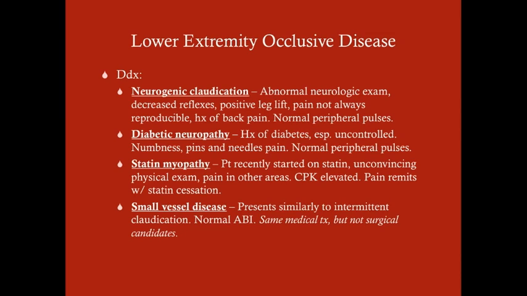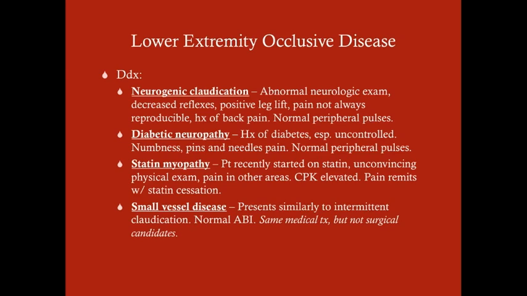Statin myopathy is a big one, and that's because patients who have peripheral vascular disease a lot of times are going to be on statins. And so if they're on statins and they have muscle pain, statin myopathy is something you need to rule out. Most patients who have statin myopathy were recently started on statins, and they'll also have an unconvincing physical exam.